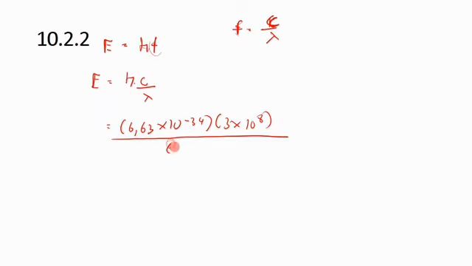When you punch all this in your calculator, the answer that you'll get for this one is 4.97 times 10 to the exponent of negative 19 joules. So this is the energy of the incident photons.